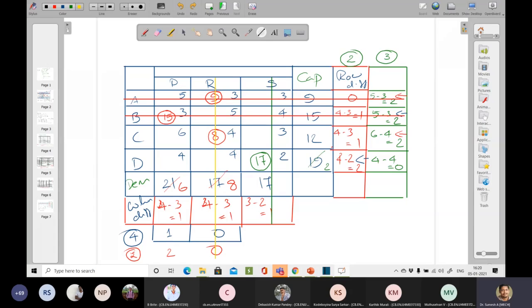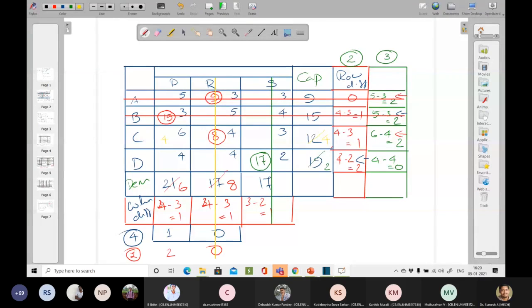And here the balance will be only 4. So now what is left out? 4 and 2, and here it is 6. So no further, you can directly give 4 over here, and you can directly give 2 over here.